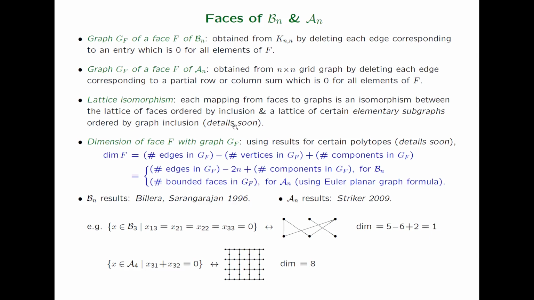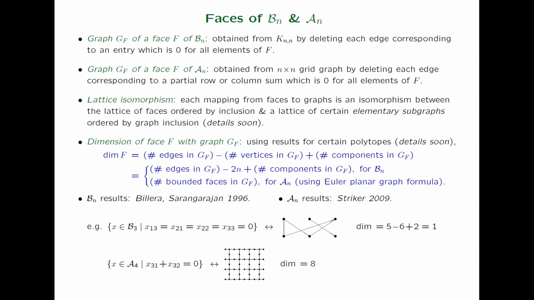So it says here details soon. So we will see further details of both this result and this result. But these are two of the main results that we're trying to establish here. That firstly, the mapping from these faces to these graphs turns out to be an isomorphism between the lattice of faces ordered by inclusion and a lattice of certain elementary subgraphs ordered by graph inclusion.